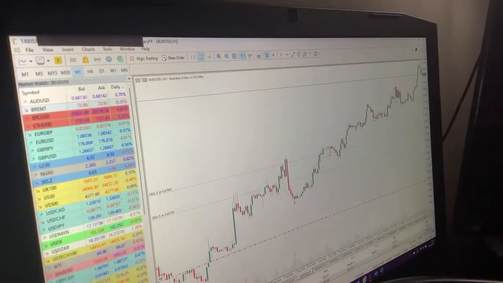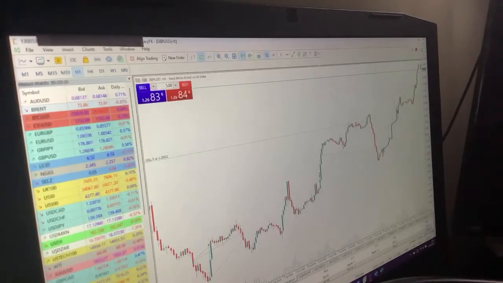So AUD USD, I'm just adding buy stops on top of the 1 hour candle, where the 1 hour candles start. GBP USD, same: the signal I gave in the morning was done, and I'm adding one more buy stop.